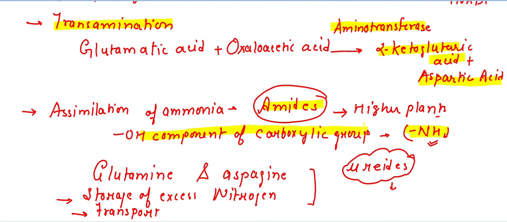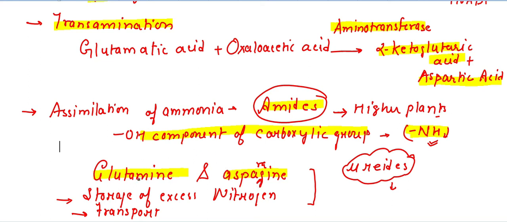So the amides are formed by the combination of ammonia and amino acids, and the two main amides are glutamine and asparagine.